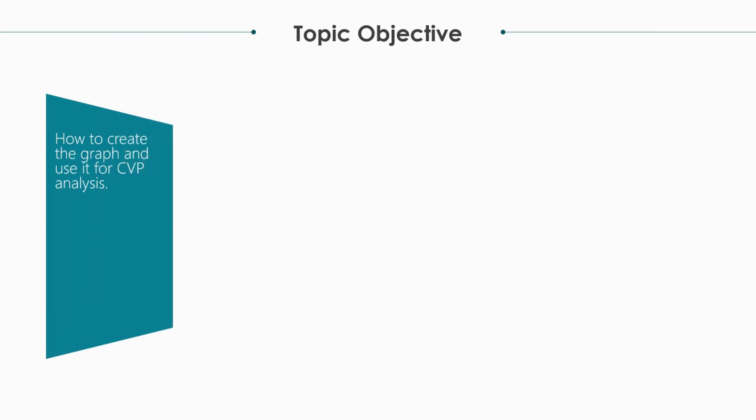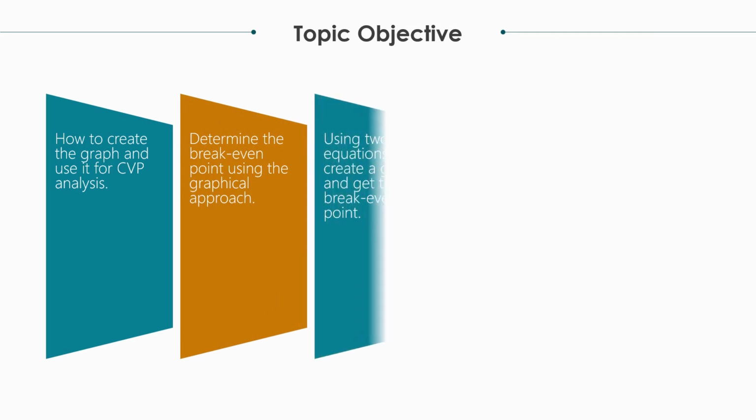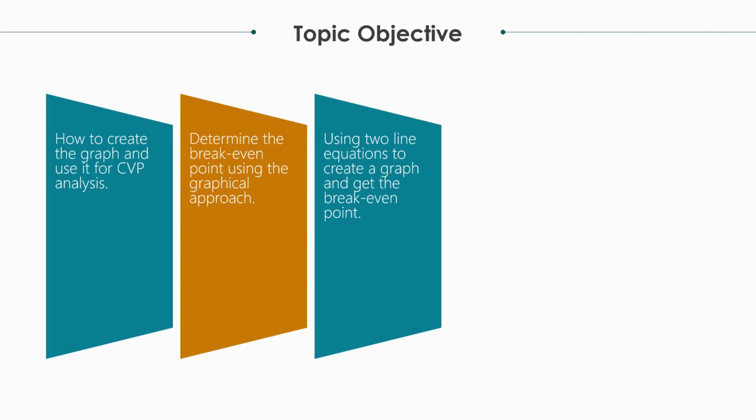So, at the end of the discussion, we'll be able to create the graph and use it for CVP analysis, determine the break-even point using the graphical approach, using two line equations to create the graph and get the break-even point.